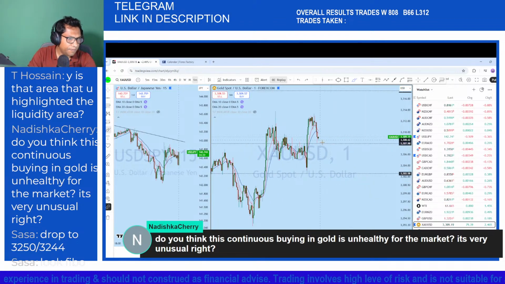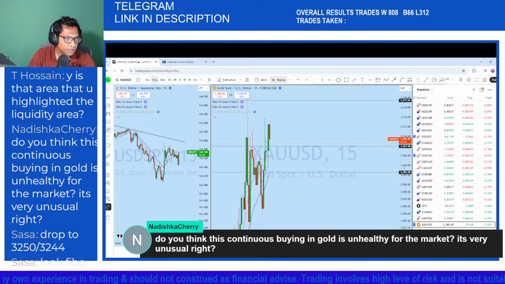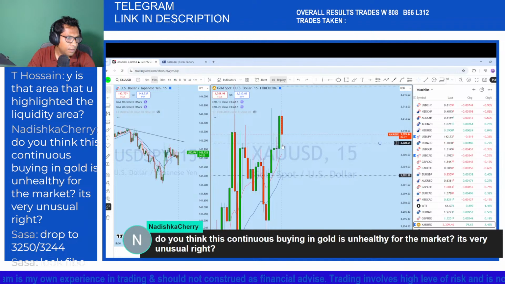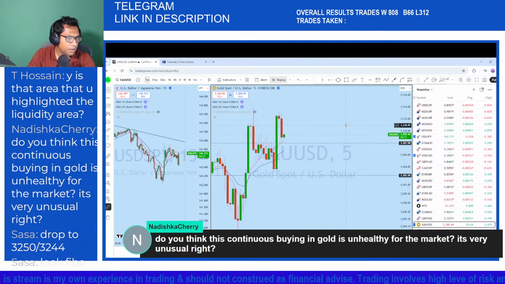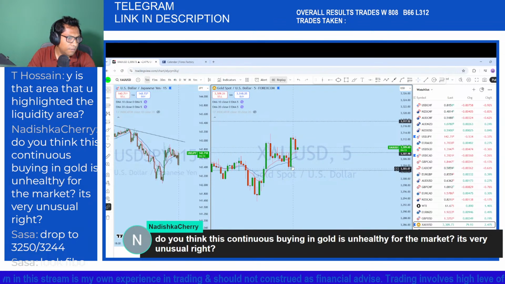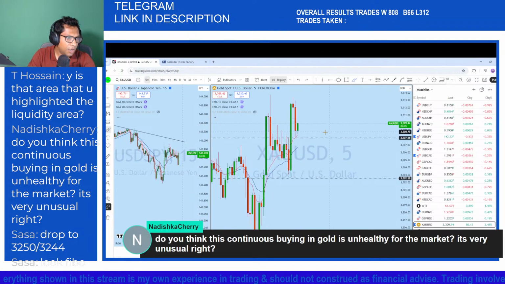Here is the price action in that area, possibly with a bullish impulse followed by this correction here. Now how far?